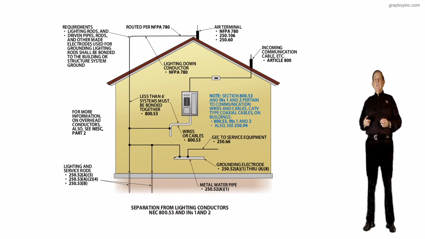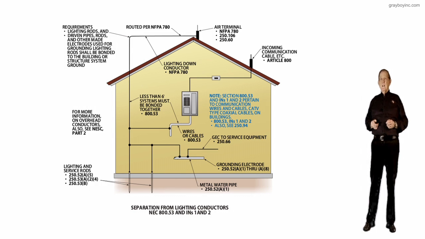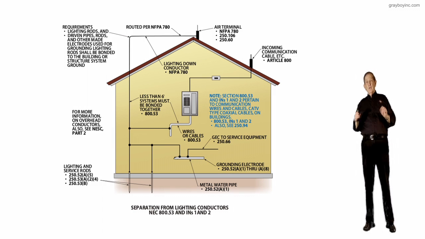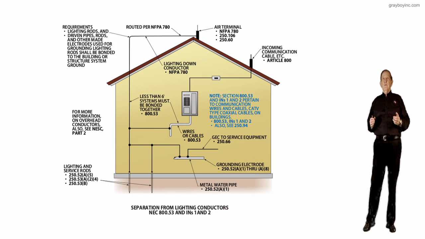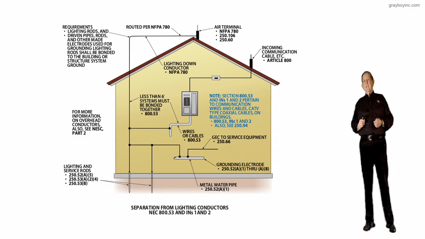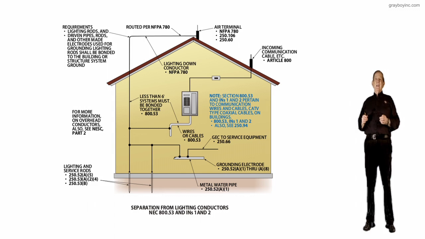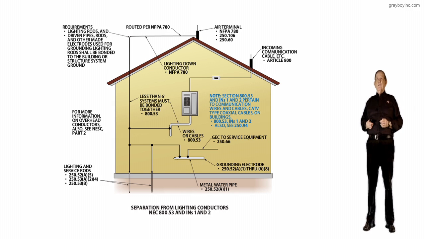Now, the NEC basically says in 250.106 and 250.60 that the NEC will not have anything to do with designing your air terminals and your down conductors. It refers you to NFPA 780, which deals with requirements on how to size conductors and air terminals and things that pertain to lightning protection systems.